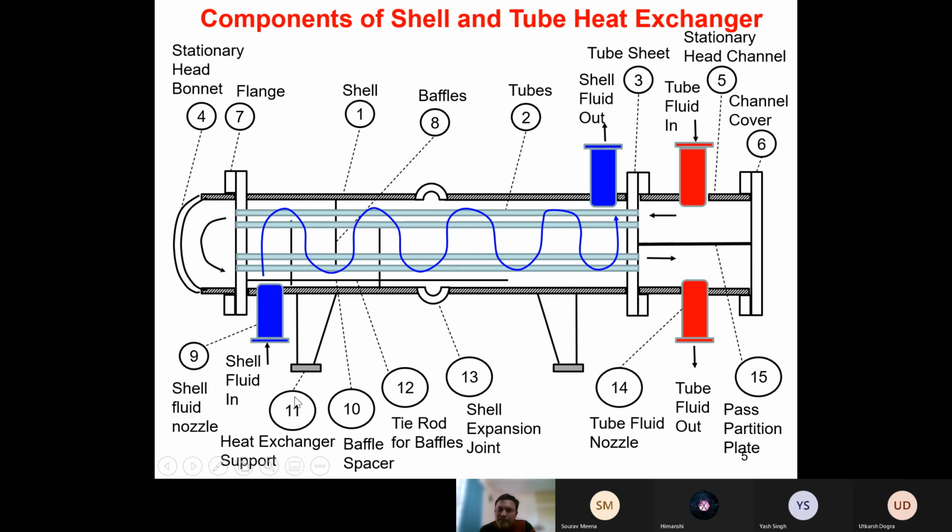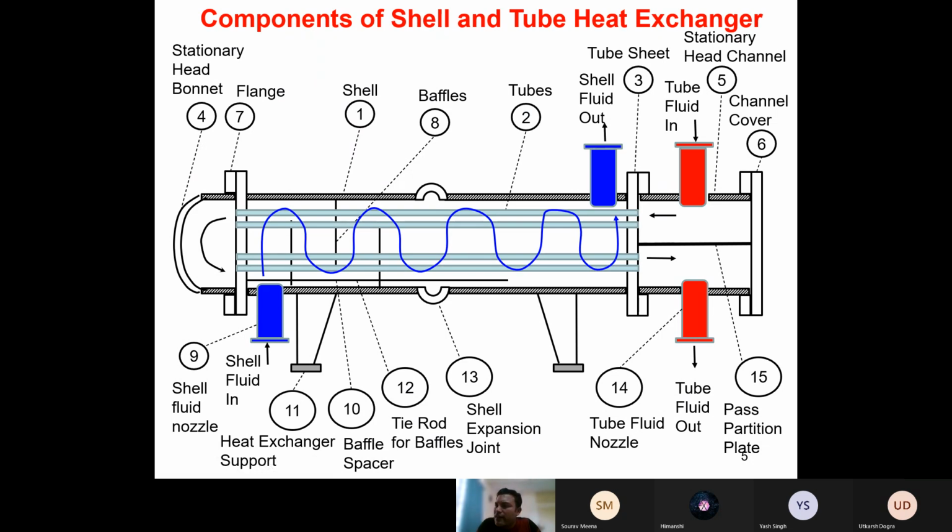This entire shell and tube heat exchanger is fixed using the heat exchanger support. There are nozzles for input of the shell fluid as well as tube side fluid. So these are the different parts which are commonly present in the shell and tube heat exchanger.